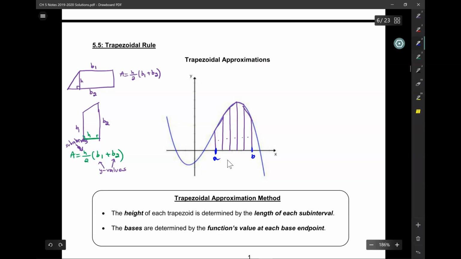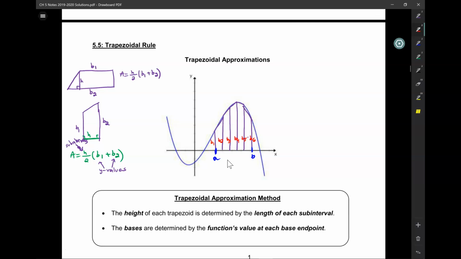Not take the outer ones. We're going from A to B. Okay. This is my first trapezoid, right? Trapezoid number 1. This length is base 1. This is base 2. Okay? And then this is base 3, and then this is base 4, and so on and so forth. And then it's base 5, and then base 6.